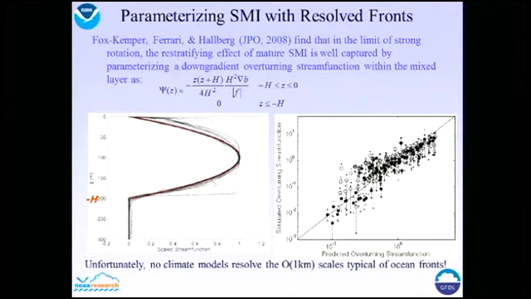This formula works pretty well. This is work by Baylor Fox-Kemper, who's now at Brown. The problem here is that this is occurring on scales of order 1 kilometer. These sub-mesoscale eddies are quite small, and so we've had to figure out how to scale them up to work on the scales of climate models.